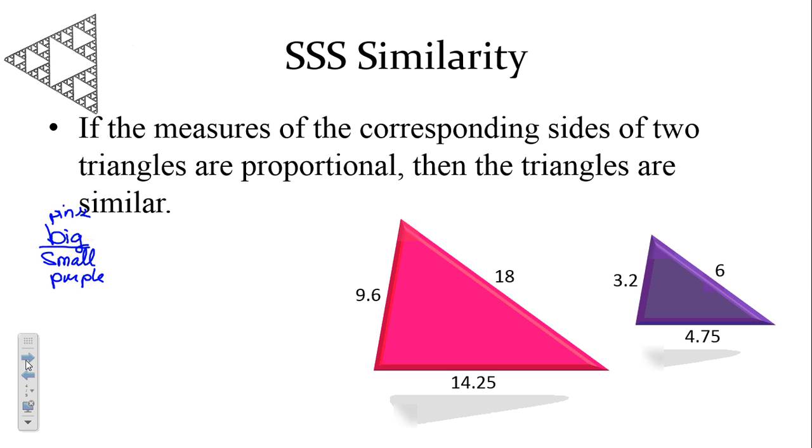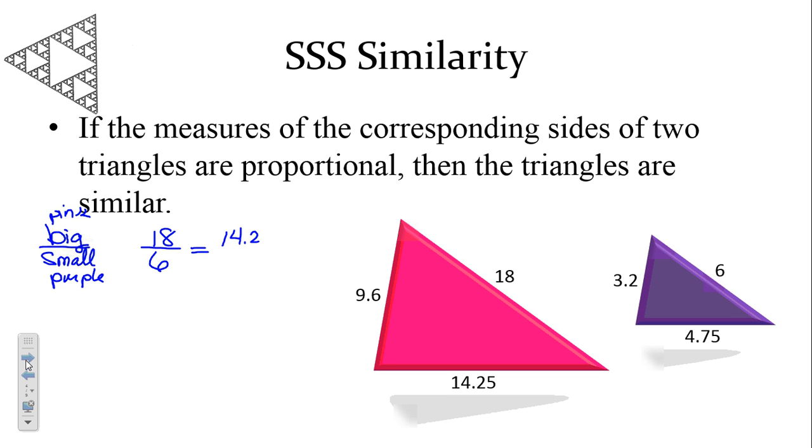Okay? So, in the big triangle, which one's Papa Bear? 14.25, is that the biggest one? 18 is the biggest. So, 18. Okay, that's the Papa Bear of the big triangle. Where's the Papa Bear of the purple? 6.